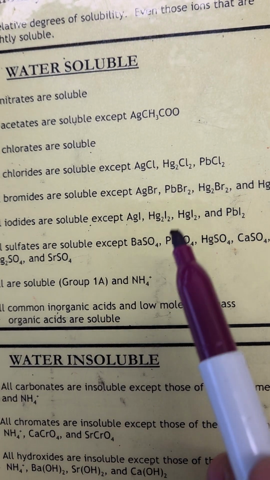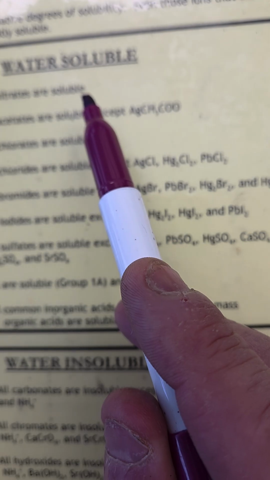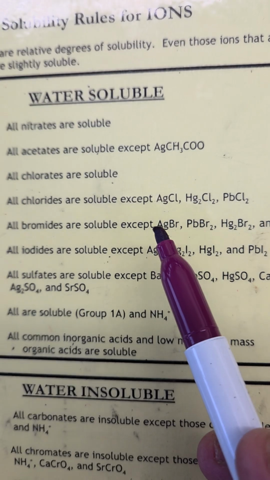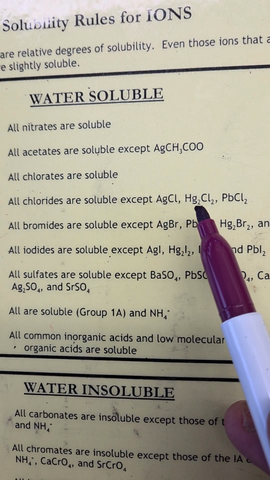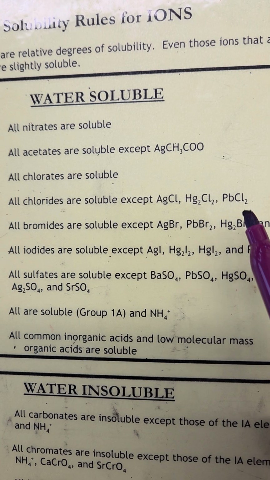And there's some other exceptions to the rule. For example, silver chloride is an exception to the soluble rule. Therefore, it will be insoluble. Mercury will be insoluble when it's with a chloride, or when it bumps into a chloride, and so will lead.